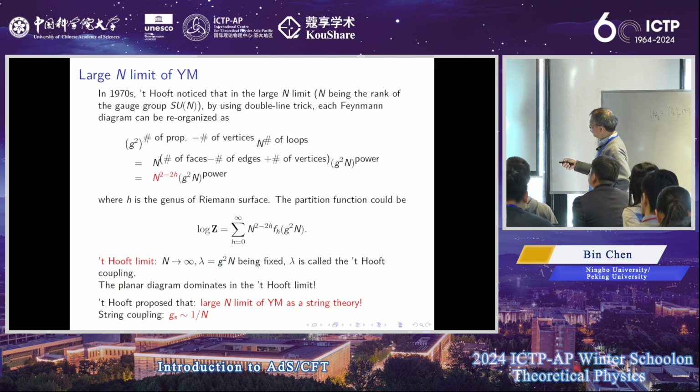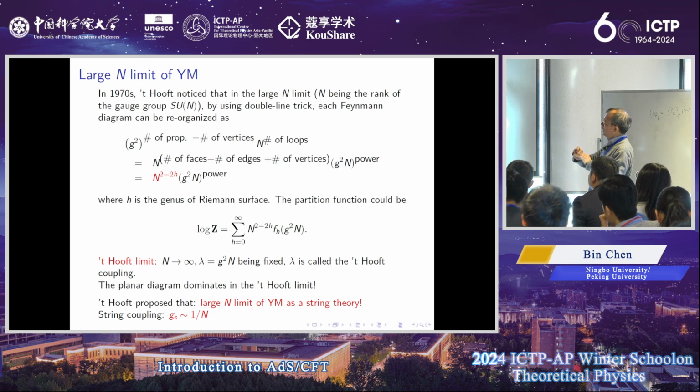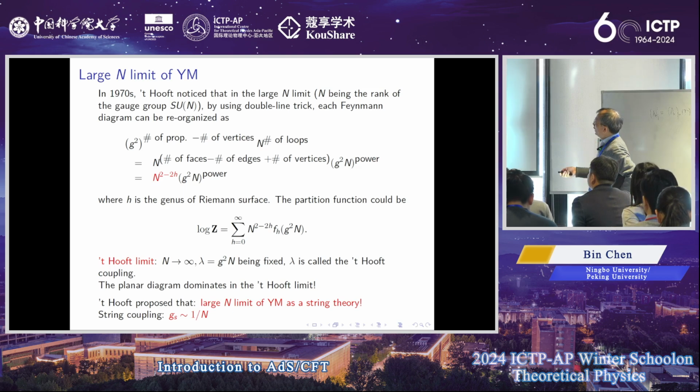Okay, and also if you compare with the Riemann surface, the genus of a general Riemann surface, and also compare with the string interaction, you will say that the number of genus is related to the string interaction and vertex.